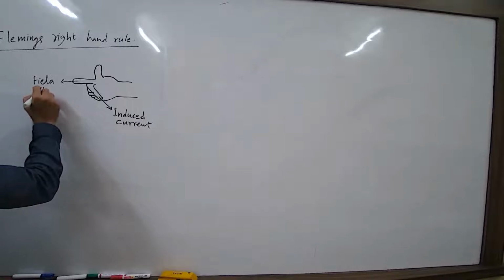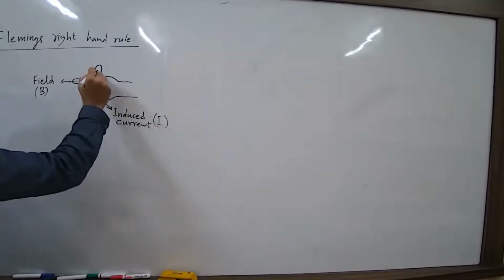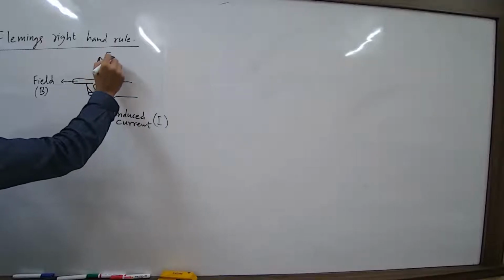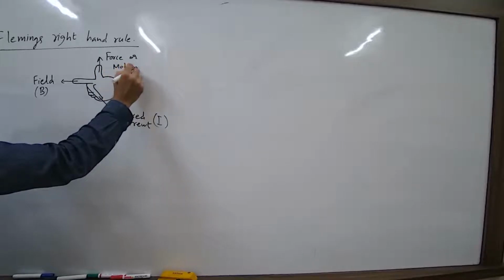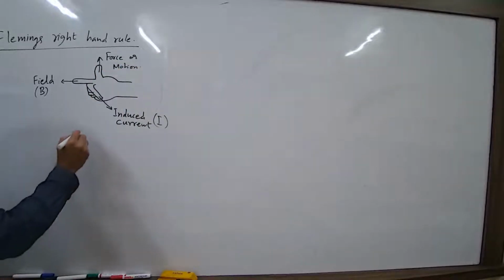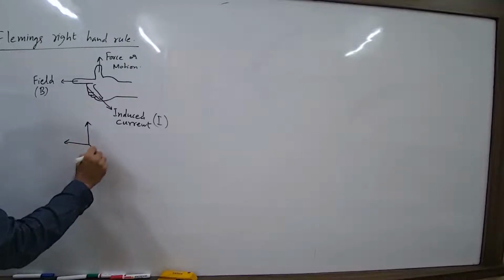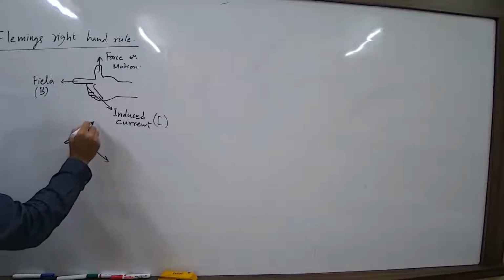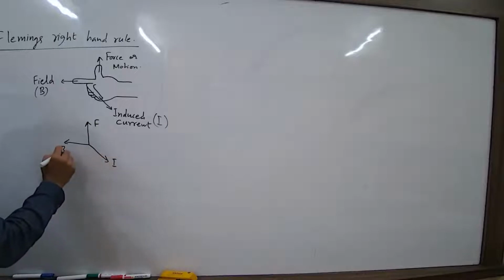Right, field is magnetic field B, induced current is I. And this is the direction of force or motion. Right? So this is how to do it. So this is F, this is I, this is B.